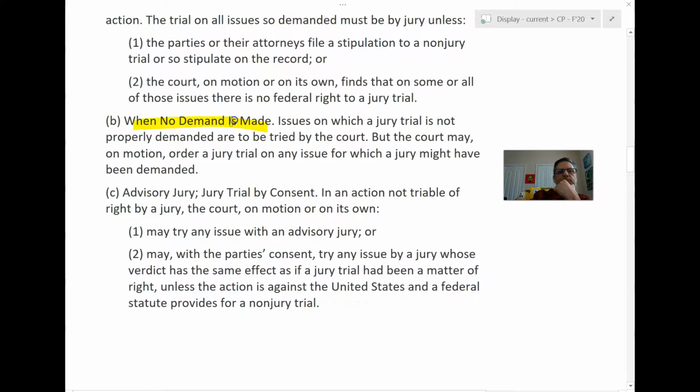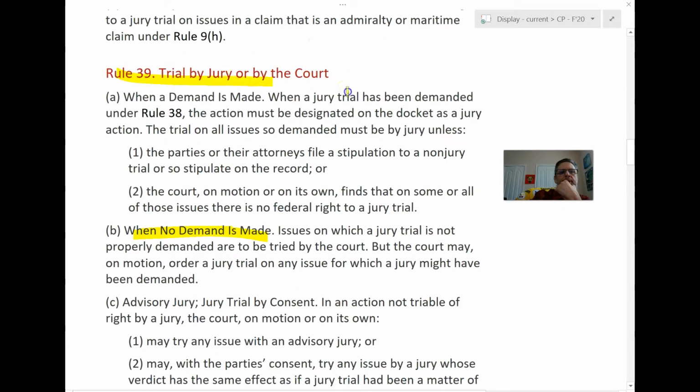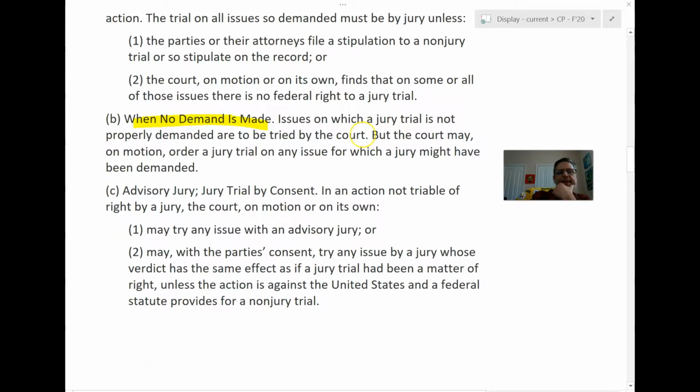Now, about when no demand is made for a jury trial. One or the other parties could have demanded a trial in a civil action, but they forgot, right? Well, then here's a couple options. The court has discretion if there's a motion. If there's a motion, then the court can order jury trial on any issue for which a jury trial might have been demanded.